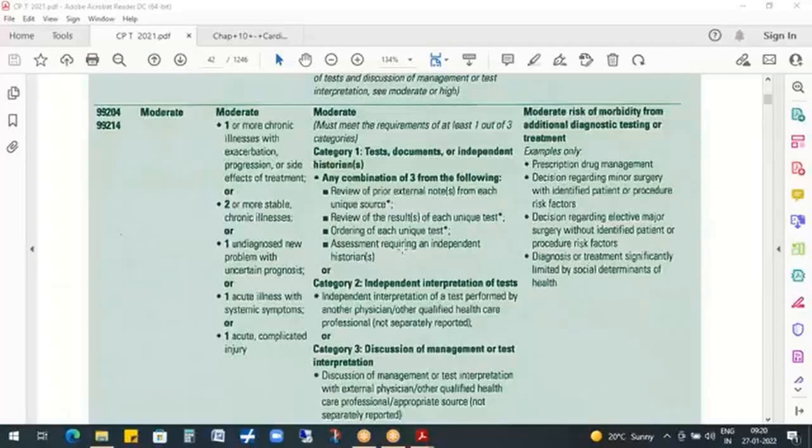So it is the same as earlier, no? Changed. The description of history and exam is changed. Earlier, all the inpatient guidelines were mixed. Now they have purely differentiated the outpatient table from the inpatient table. This is purely used for outpatient.